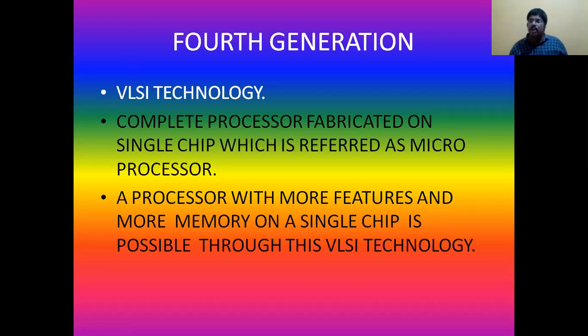And the processors we have used here have more features, and more memory on a single chip is possible through this VLSI technology. Because if you observe, a processor is placed in a small IC, a small silicon chip, which you can hold in your palm. That means very small size. Now observe the size of a memory device.